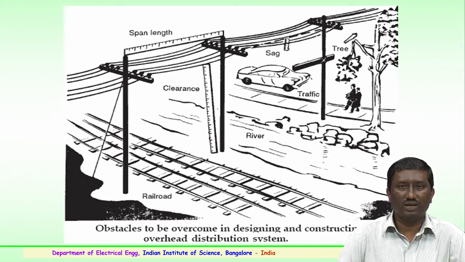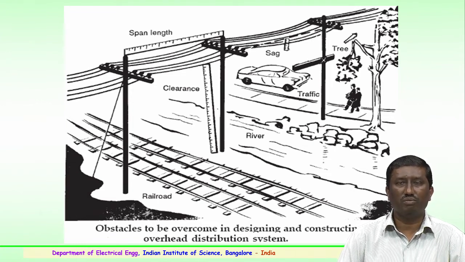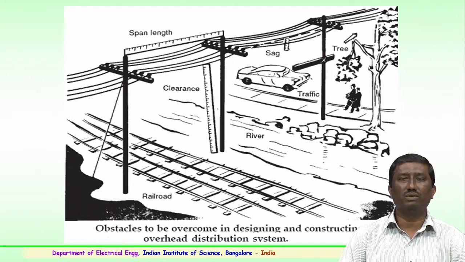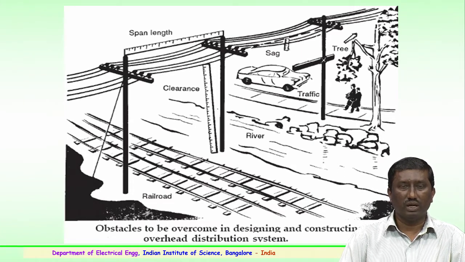This figure shows the clearances to be adopted in the case of the distribution system, and the span is also very important, taking into consideration the sag, the vegetation and various obstacles, which have to be considered for the proper design and construction of overhead transmission or distribution lines.